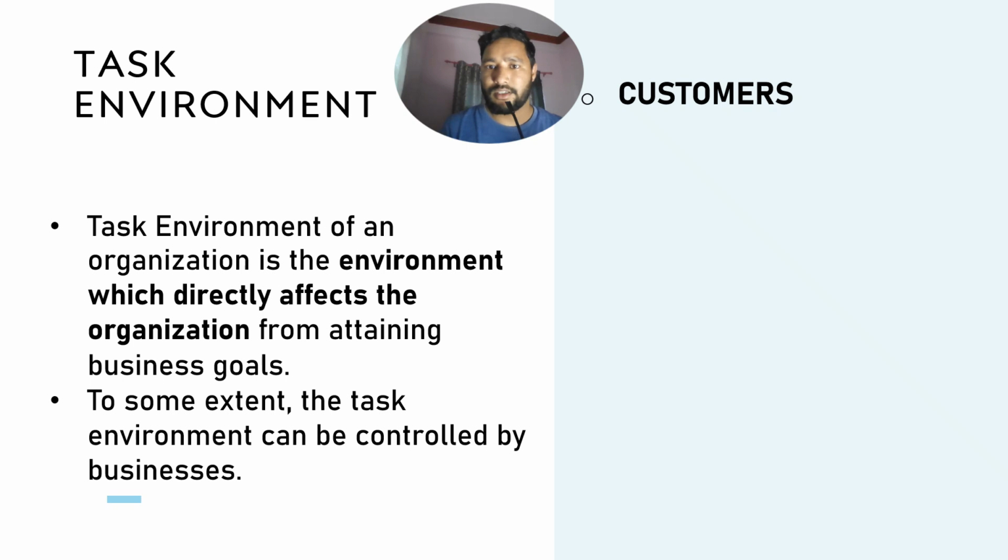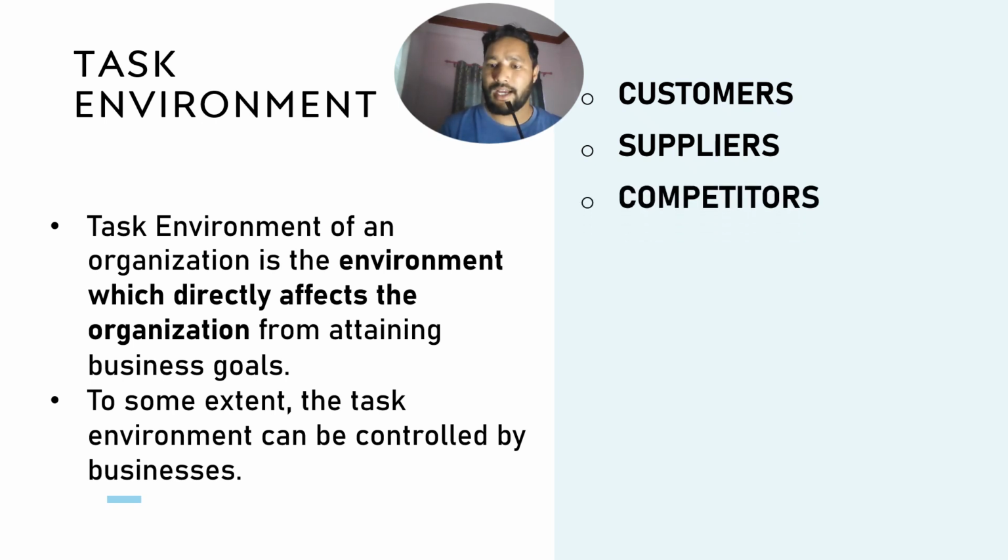First, customers. Customers can affect the organization, and the organization to some extent can affect the customers. Similarly, suppliers. Suppliers and organization have a mutual relationship. Organizations receive raw materials from suppliers and suppliers receive monetary value for their raw materials. Similarly, competitors.